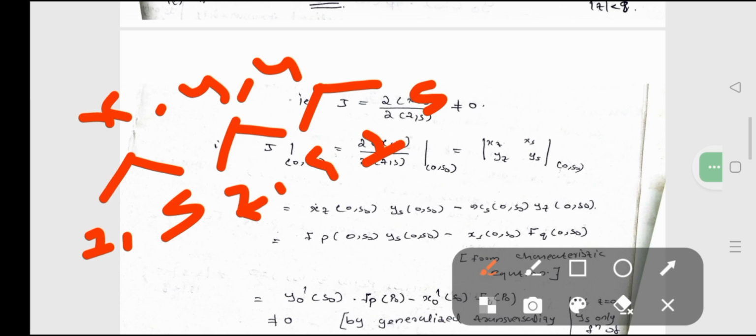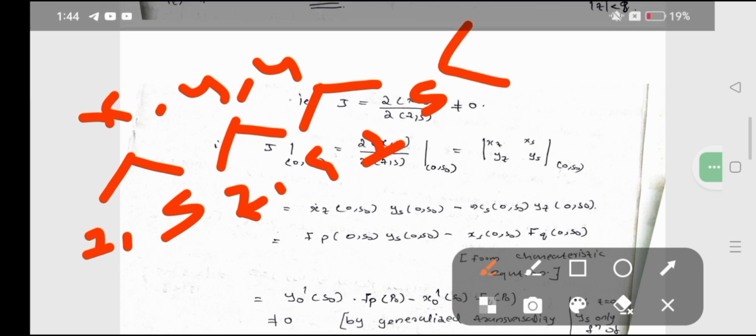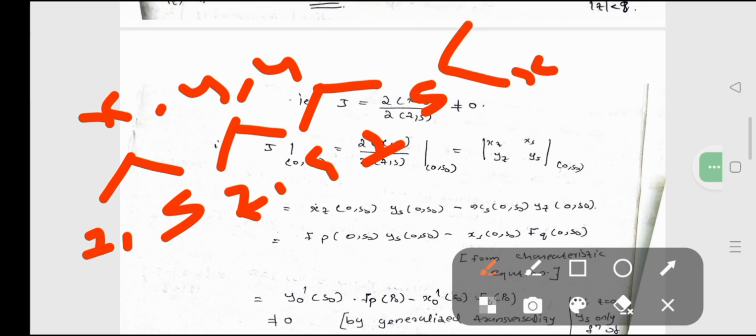Now we have to convert this parametric form into a function of x and y. We have to convert this mapping x of t of s, y of t of s into a smooth mapping t of xy, s of xy.